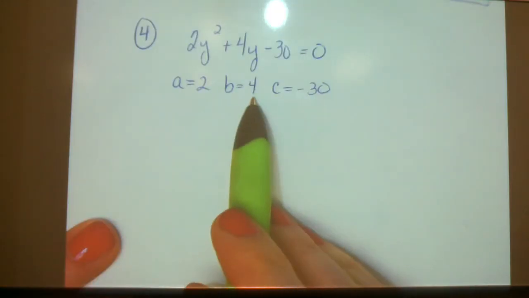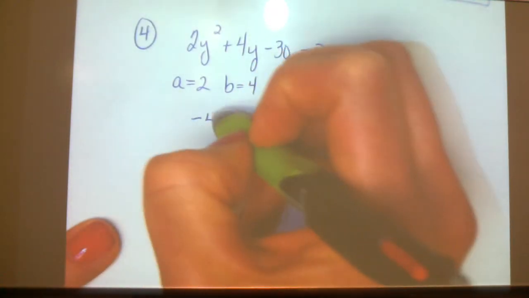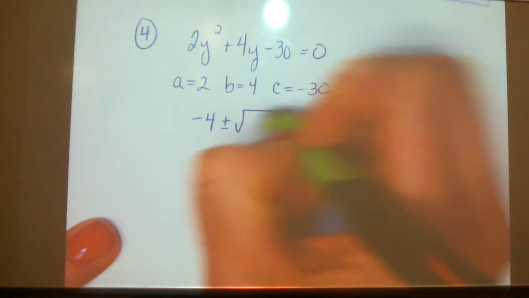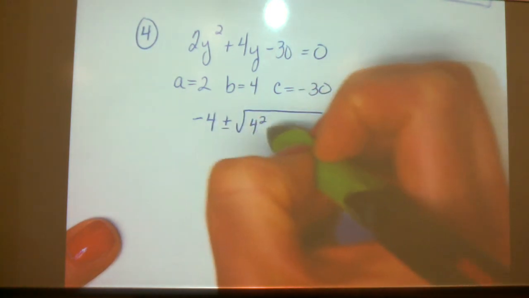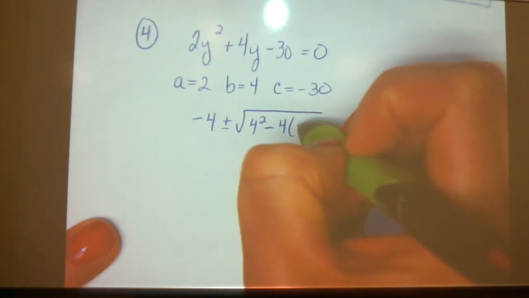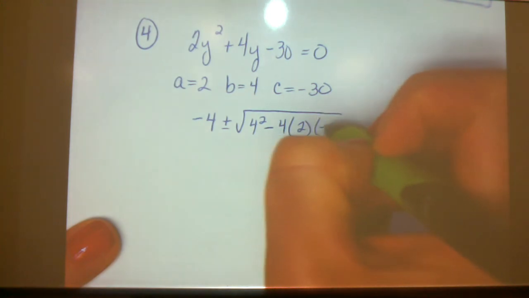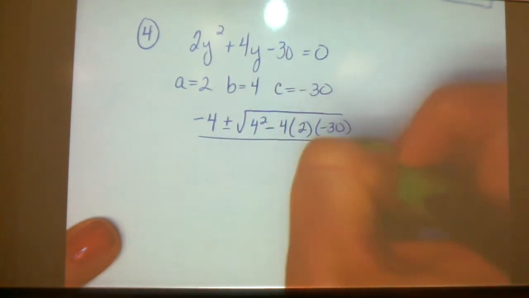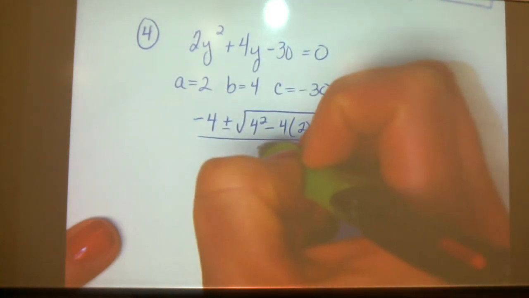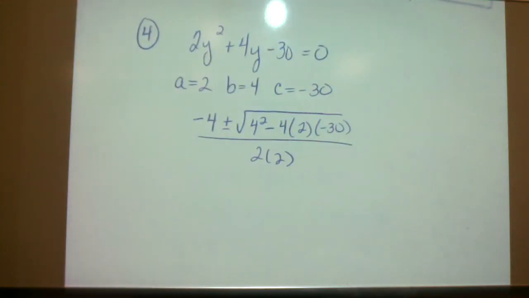So it starts off with negative b. It's a positive 4, so I'm going to write negative 4 plus or minus the square root of 4 squared minus 4 times a, which is 2, times negative 30, over 2 times 2.